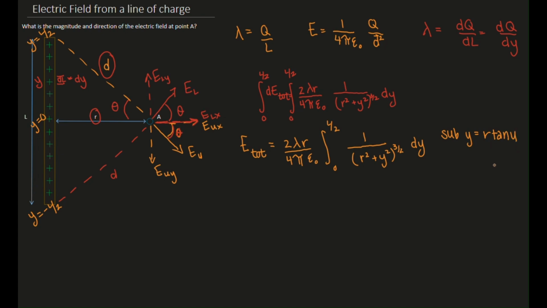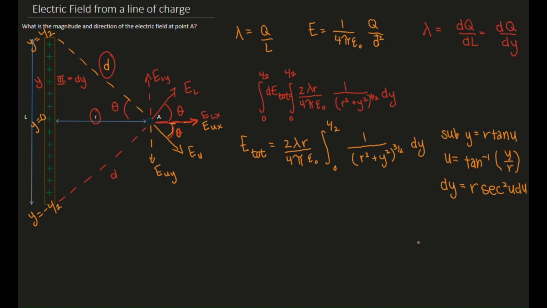And if we were to rearrange this equation to solve for u, this would give us u equals arctan of y over r. And if we were to take the derivative, dy equals r secant squared u du, because the derivative of tangent is secant squared.